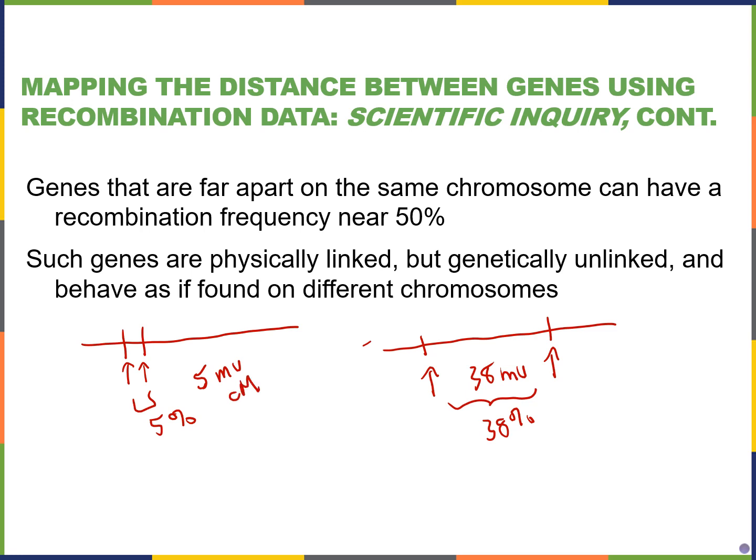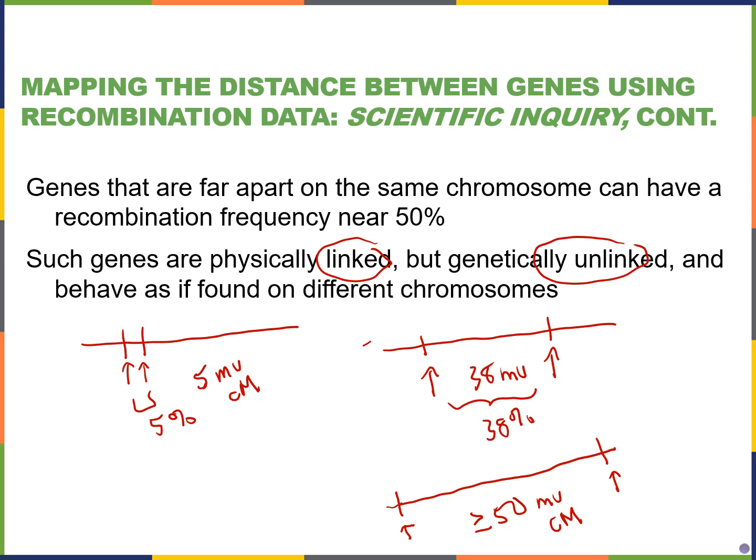But if you have two genes that are 50 map units apart or greater, or centimorgans you could say, then even though they are linked, remember linked means they are on the same chromosome, they behave as if they were unlinked, and that means they're on 2 different chromosomes.